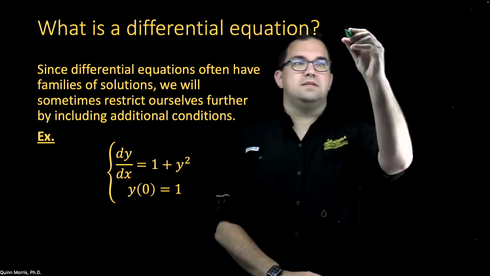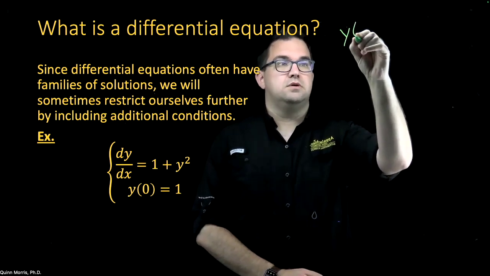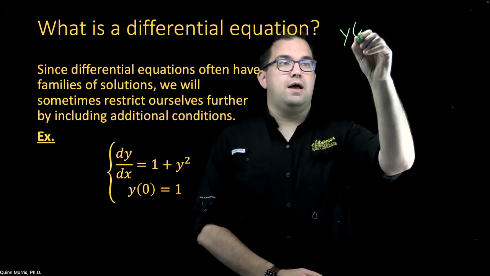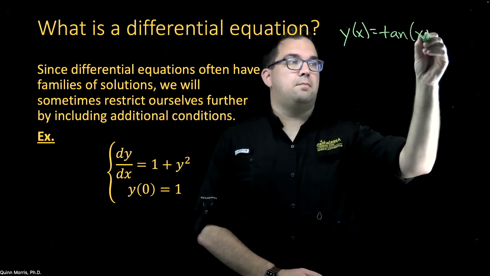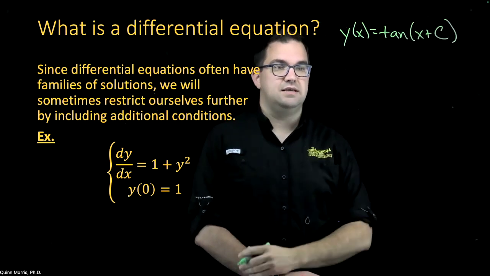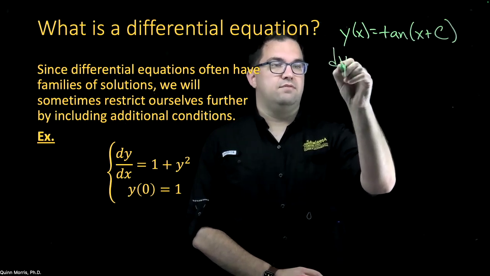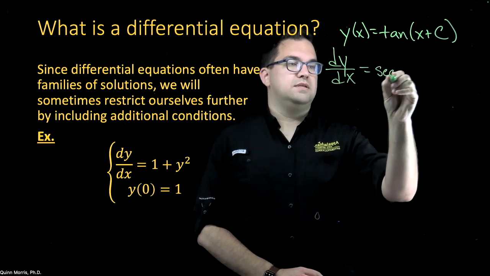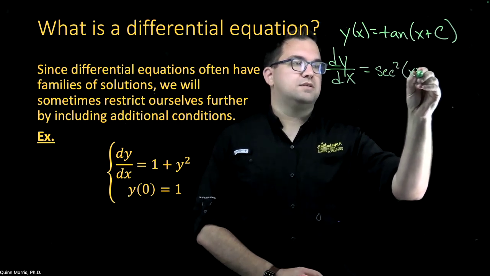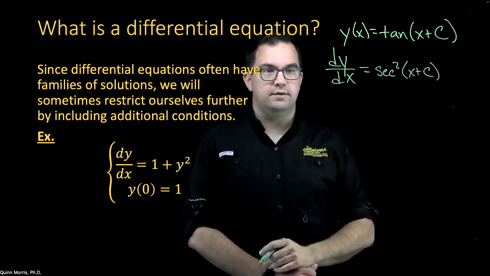So I mentioned before that the differential equation has multiple solutions. If you take y of x to be tangent of x plus any constant c, that's also a solution. We can see that because if we take the derivative dy dx here, the derivative would be secant squared of x plus c times the derivative of x plus c, but that's just 1.